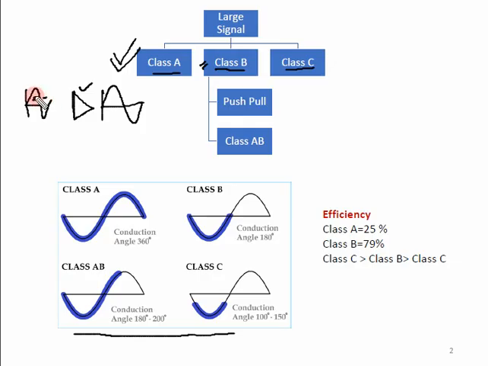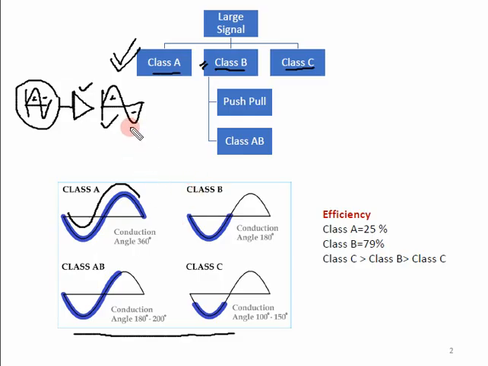So this amplifier operates on the entire cycle of the input signal, and we call this a class A amplifier. It is quite visible that the amplifier operates on the complete cycle of the input signal.